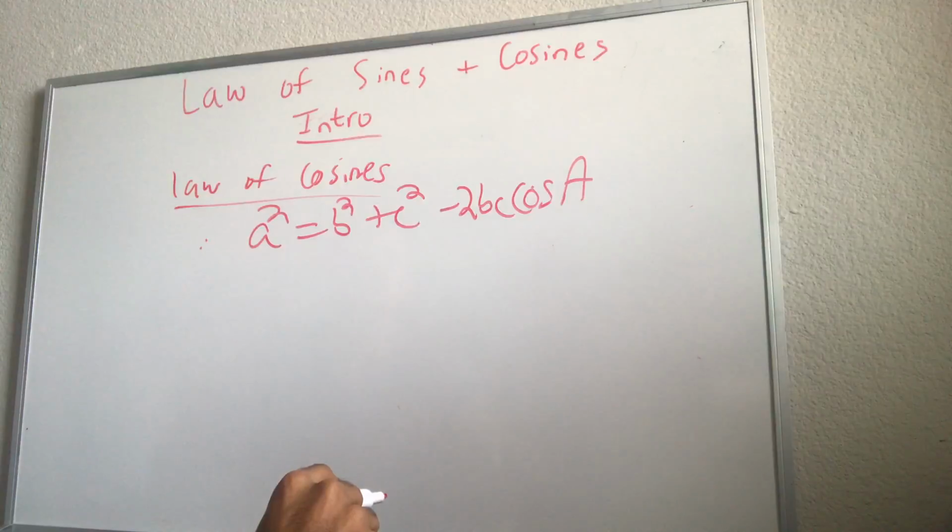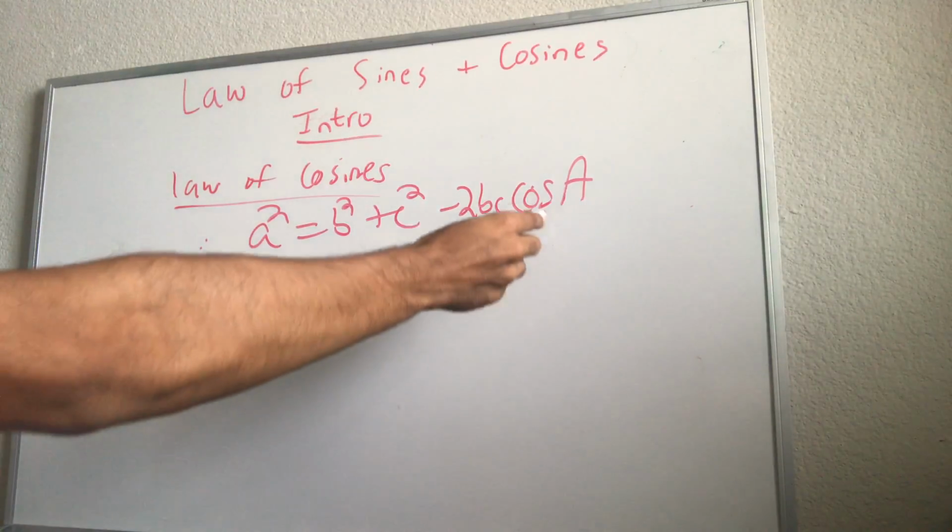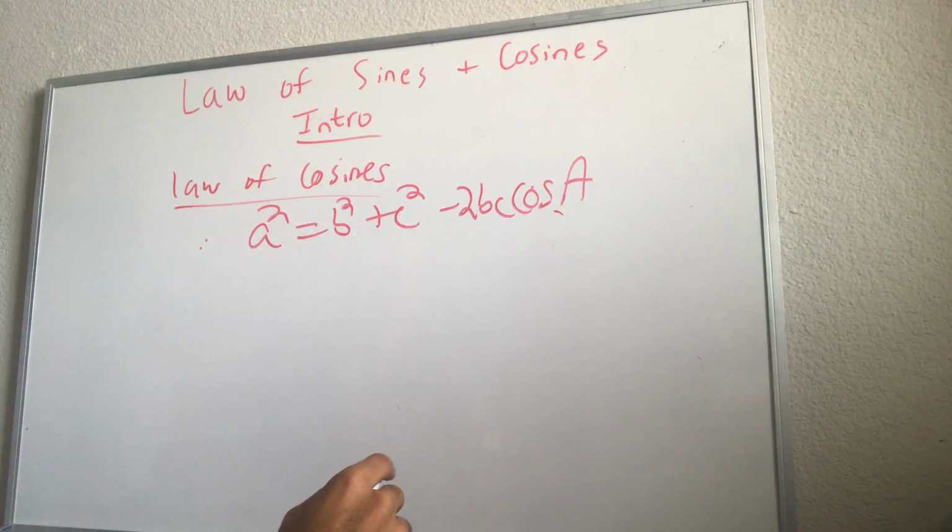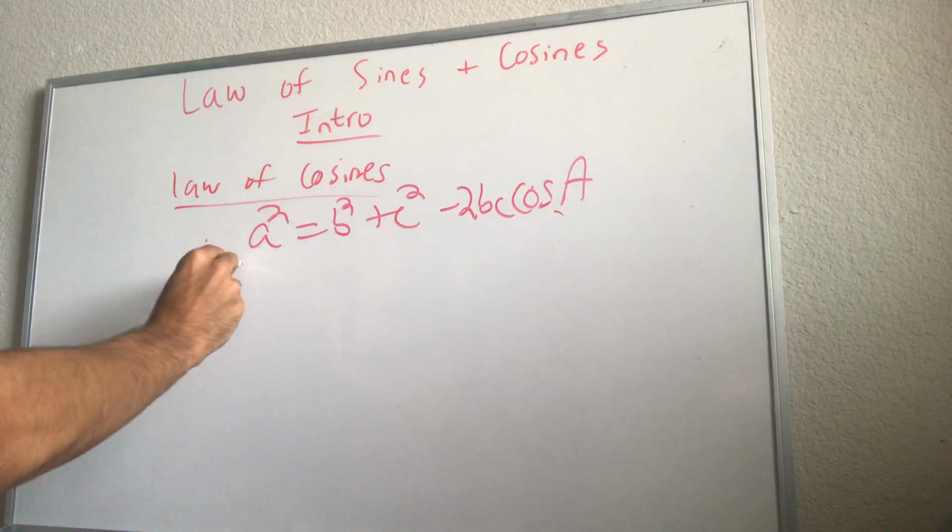That's the formula. When I say A here, labeling it as a capital A indicates that this angle is opposite this side.